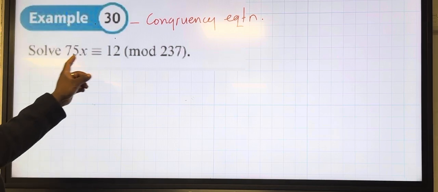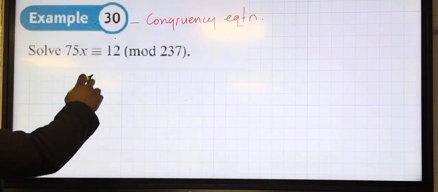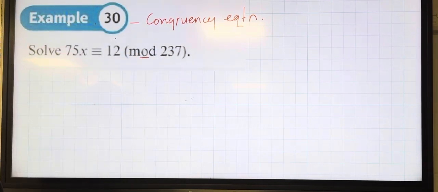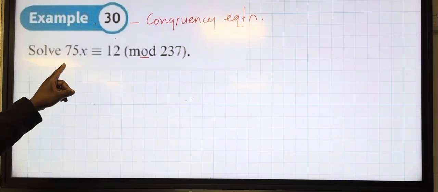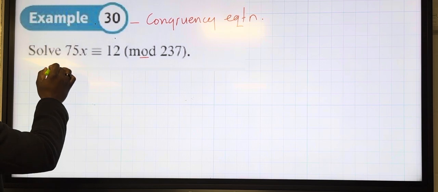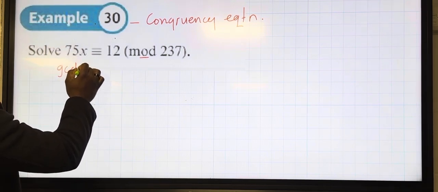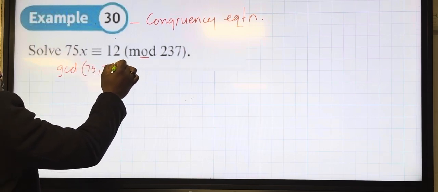So to solve an equation that says 75x is congruent to 12, in mod 237, there are two methods here that I can think of, but the simplest method is to look for the GCD between 75 and 237.